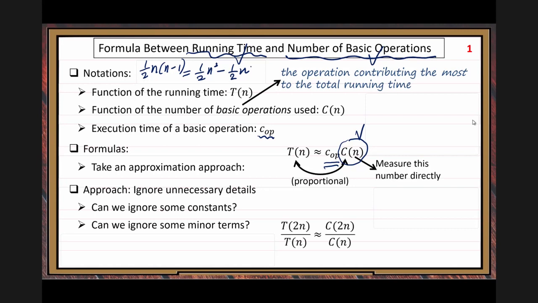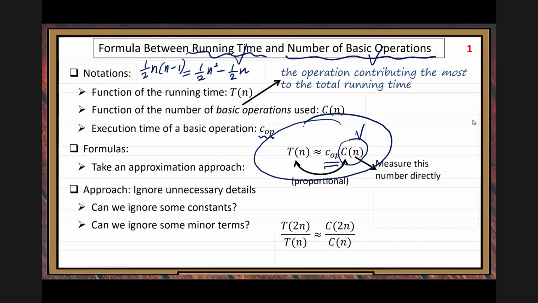First, let's look at this ratio. When we take a ratio like this, T of 2n over T of n, by this formula you can see the little c op can be canceled out. So then it approximately equals capital C of 2n over capital C of n. We cancel the same constant.